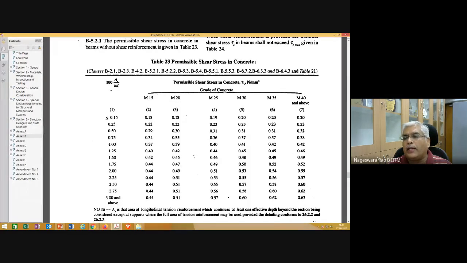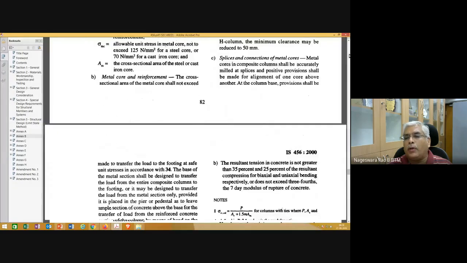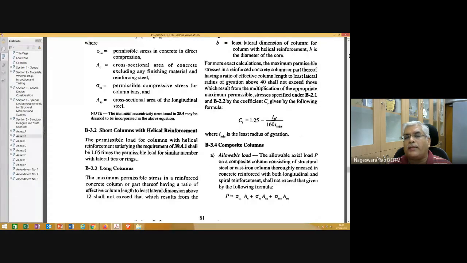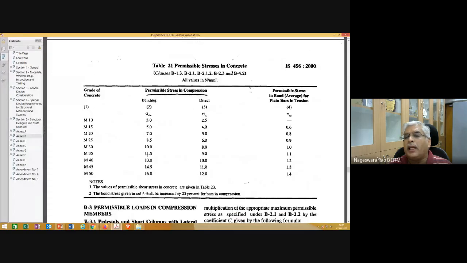Table 23. Since we are now focusing only on the issues related to flexural analysis, let's focus only on table 21. Table 21 is giving you permissible stresses in concrete under bending as well as in compression.